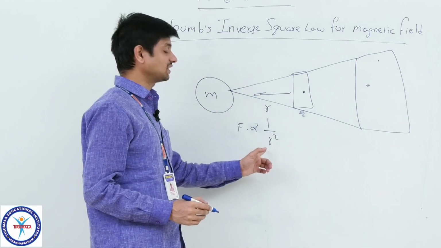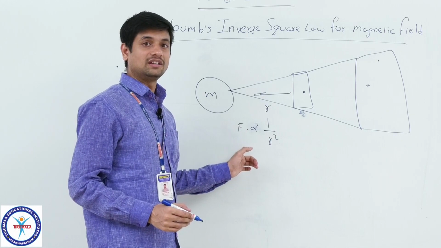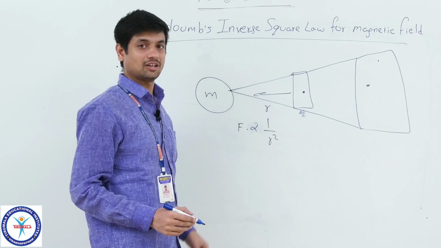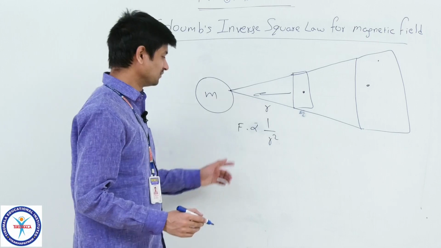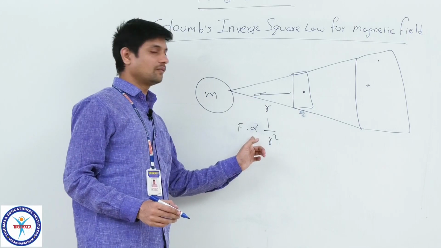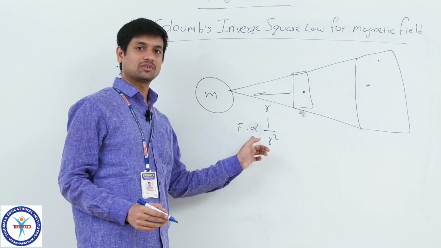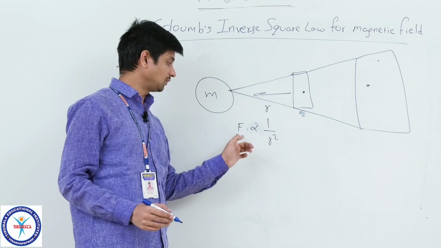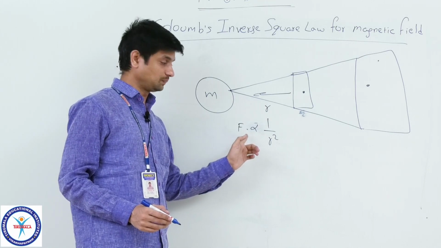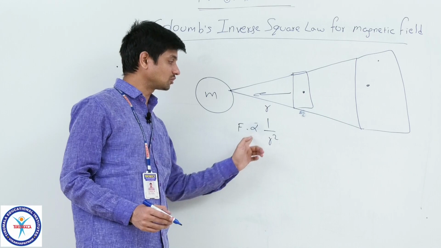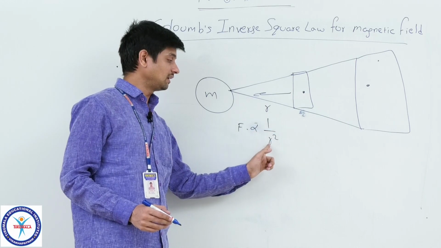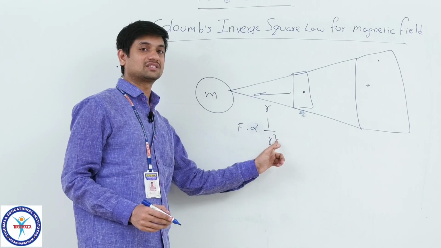The square of the distance determines how much it decreases. That's why, according to the field concept, any force arising from any source is directly proportional to 1 by the square of the distance between them.